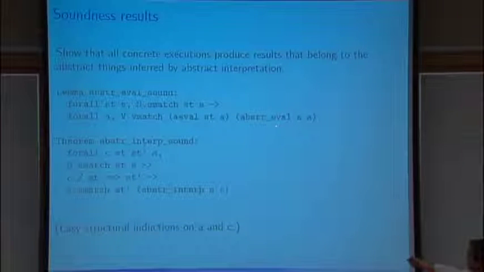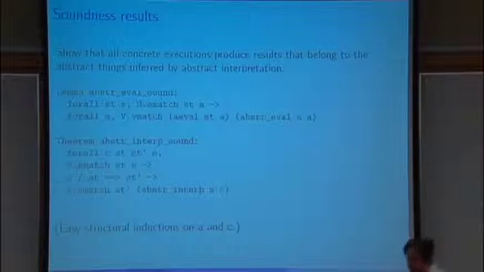So for instance, for the evaluation of expressions, we say that if we have a concrete state ST that matches the abstract state S, then for all expressions A, the concrete evaluation of A in ST matches the abstract evaluation of A in abstract state S. And likewise for a command, if we have a concrete execution of C from ST to ST prime, and ST matches some abstract initial state S, then the final state ST prime matches the final abstract state computed by abstrinterp. And these are really easy structural inductions on A and C.